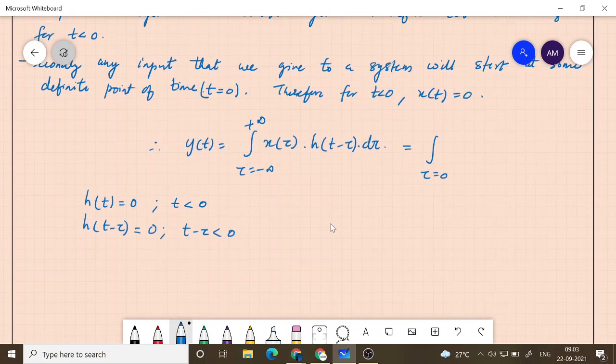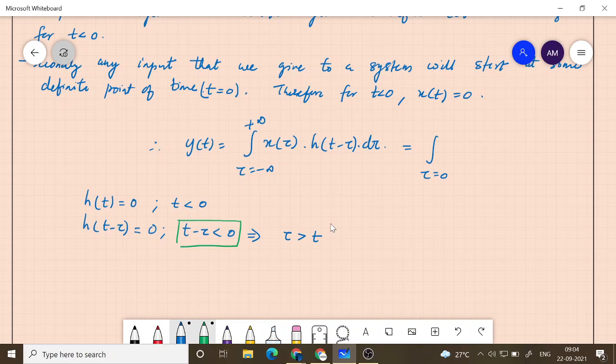We can say this statement in other words, in terms of tau: tau is greater than t. So this same statement I can restate in this manner.